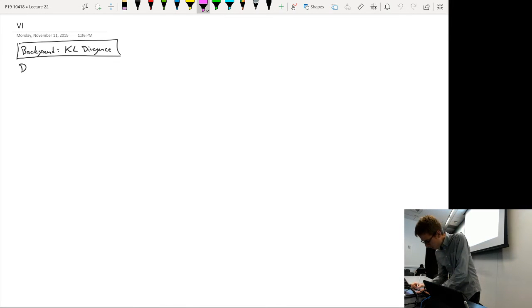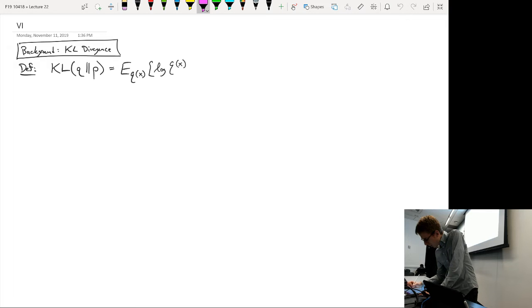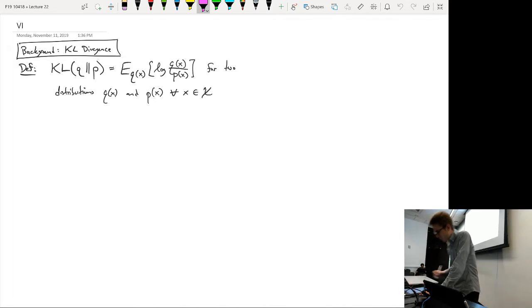Okay, so the definition of KL divergence, given 2 distributions, Q and P, is defined to be the expectation under Q of X of the log of Q of X divided by P of X. So this is the definition for two distributions, Q of x and P of x, for all x in some shared space.